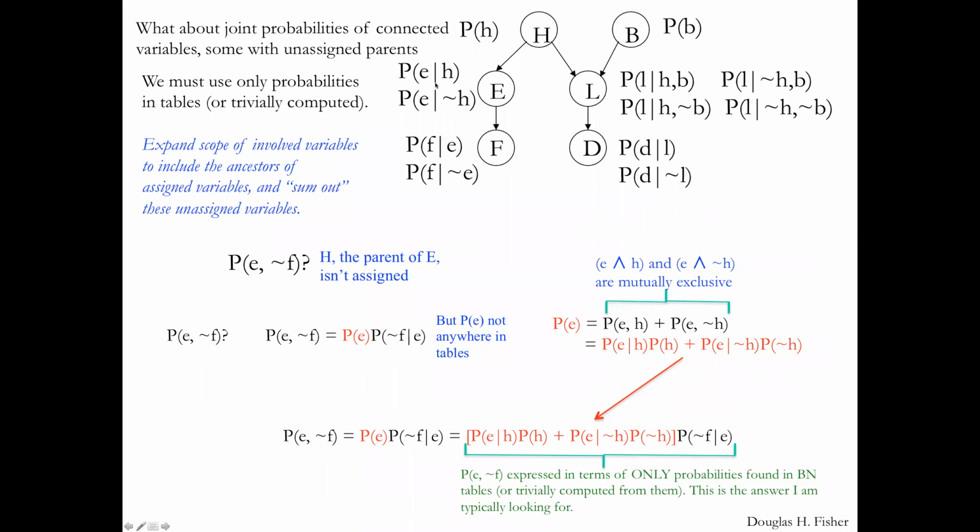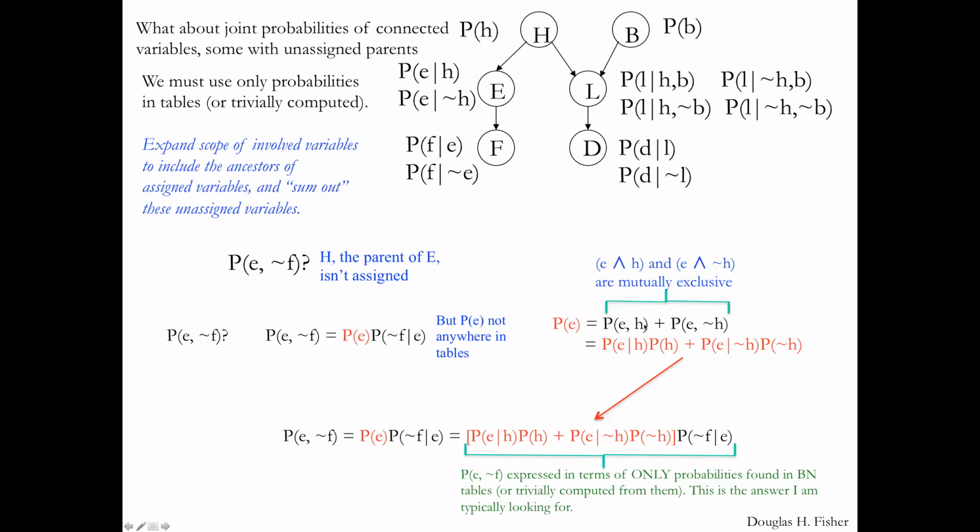The only probabilities involving E, as information to be predicted, are in the probability table of E. Probability of E given H, probability of E given not H. So what I want to do is involve H, and expand the scope and rewrite the probability of E as the probability of E and H plus the probability of E and not H. These are mutually exclusive conditions, E and H and E and not H. And if I sum those two probabilities, these are basically going to be all the conditions that involve E. That would give me the probability of E.